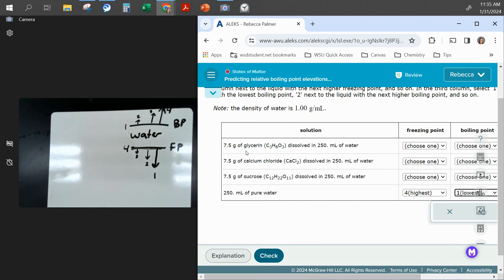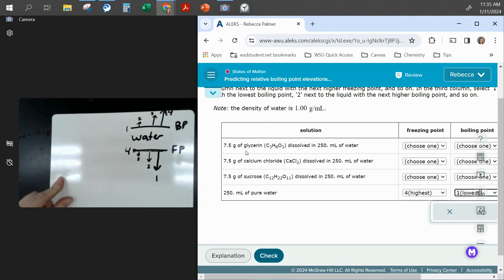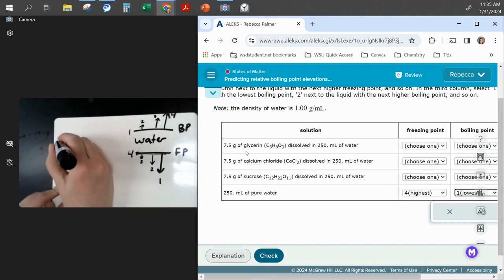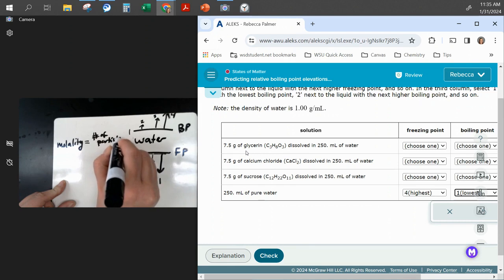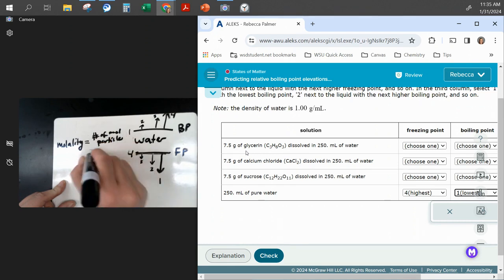All right. Then when I do this, this is what we need to do. We need to find the molality. Molality is number of moles of particles per kilogram of solvent.